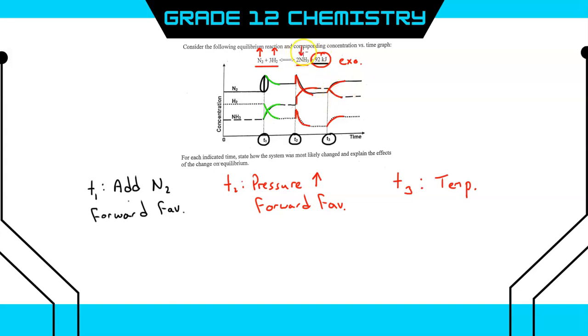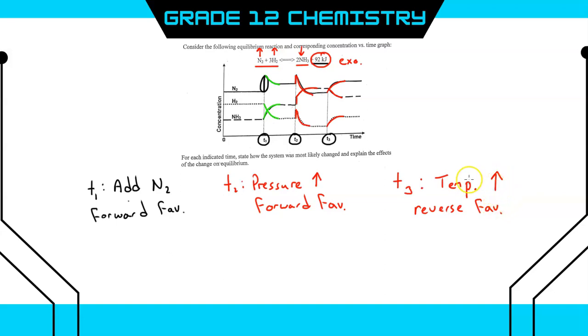So clearly, this is a reverse favored reaction. Because it's favoring the reverse, and the forward reaction is exothermic, the reverse reaction is endothermic. And if it's favoring endothermic, it means we've given more energy to the surrounding environment. So temperature must have increased.